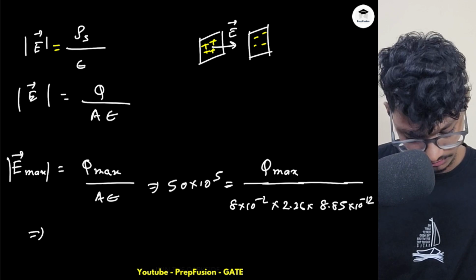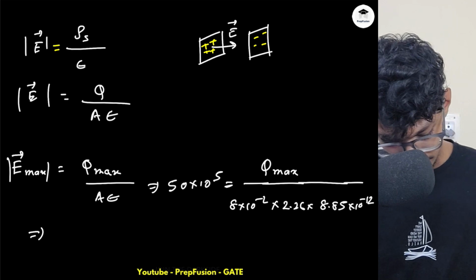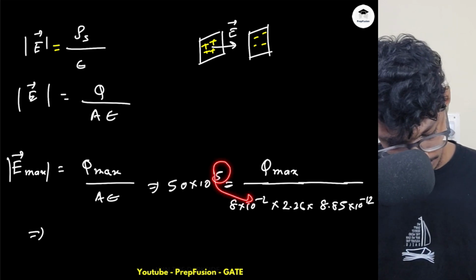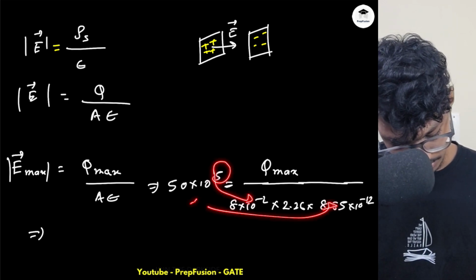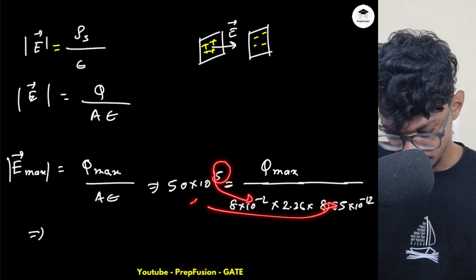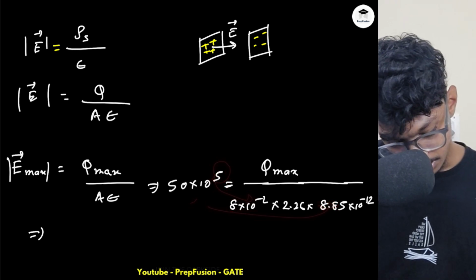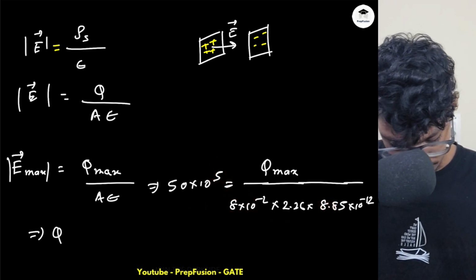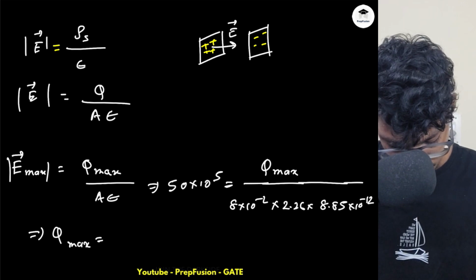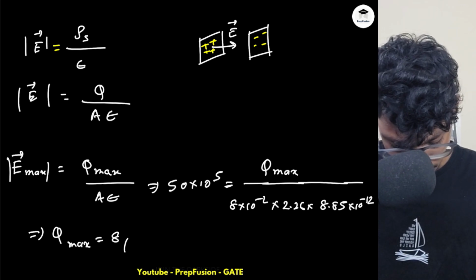This is total 8,000, 8k, and this is 10 raised to power 5 and 10 raised to power minus 3, and 10 raised to power extra cube I will add. So overall Q max will be 8 microcoulombs.